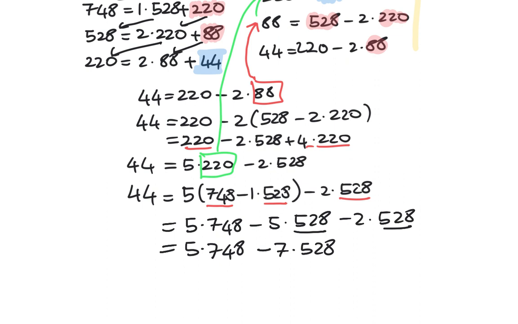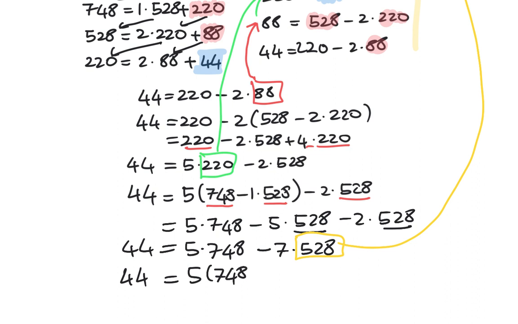Now I notice that the next remainder is 528, and I can write that in terms of 2024 and 748. So this remainder is going to be written using the first equation. I will do that to get 44 equals 5 times 748 minus 7 times (2024 minus 2 times 748).